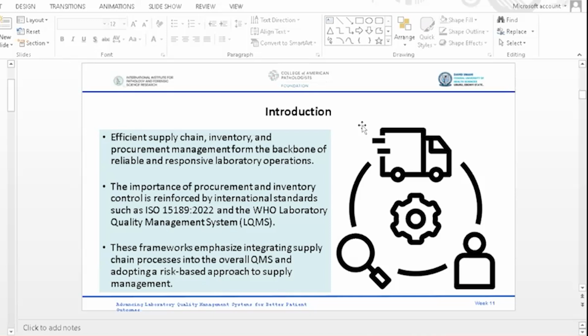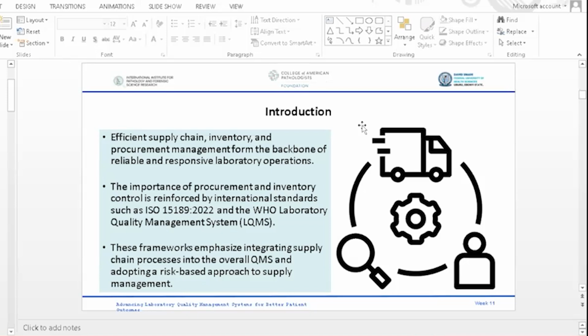The importance of procurement and inventory control is reinforced by international standards like the ISO 15189:2022 and the WHO laboratory quality management systems. They are the frameworks that emphasize the integration of procurement and inventory control into the broader laboratory quality management system.